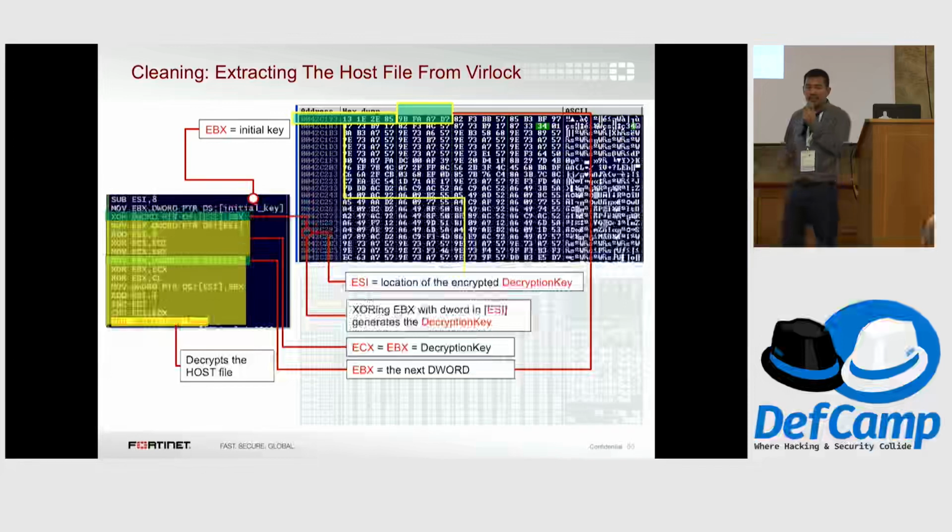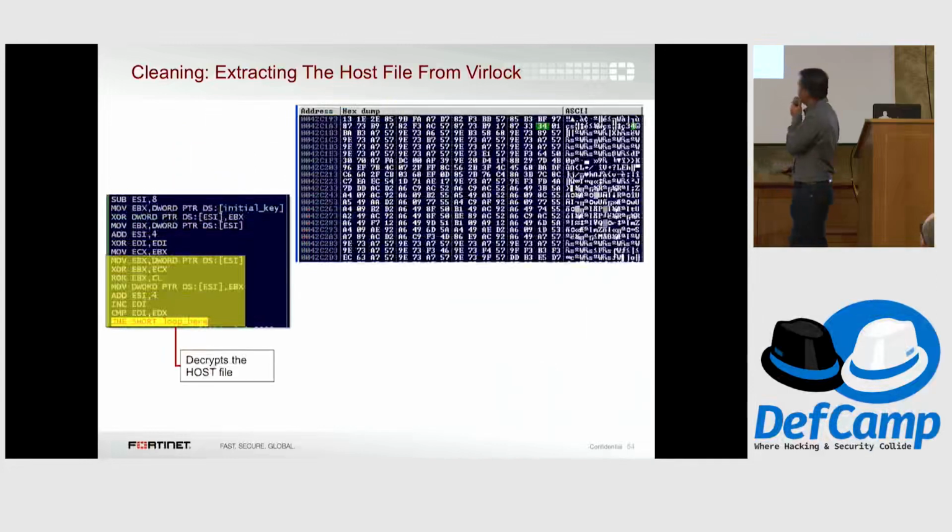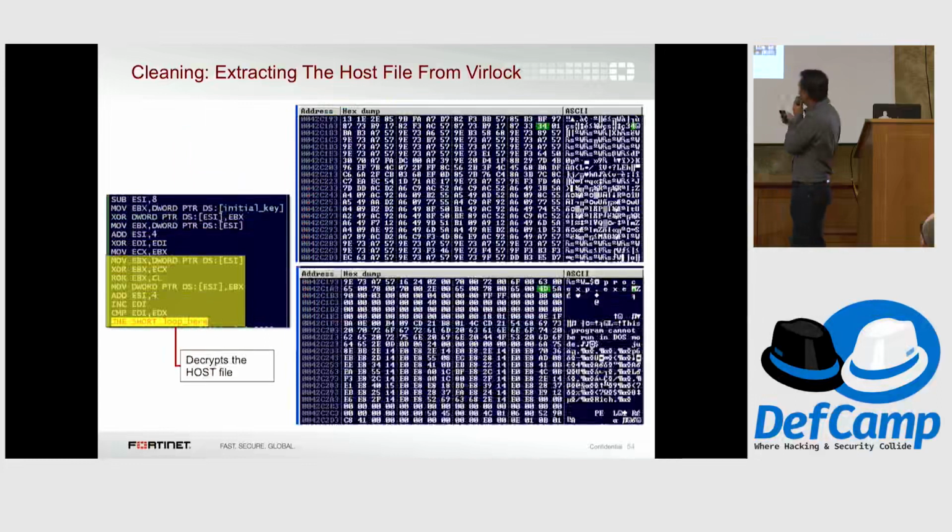If you're using Immunity Debugger, all you have to do is write a Python script wherein you imitate this code, and then you're done with the decryption. It will look something like this once it is decrypted. So these particular bytes were encrypted.